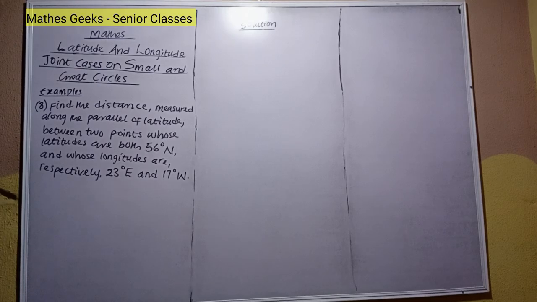Find the distance measured along the parallel of latitude between two points whose latitudes are both 56 degrees north, whose longitudes are respectively 23 degrees east and 17 degrees west.